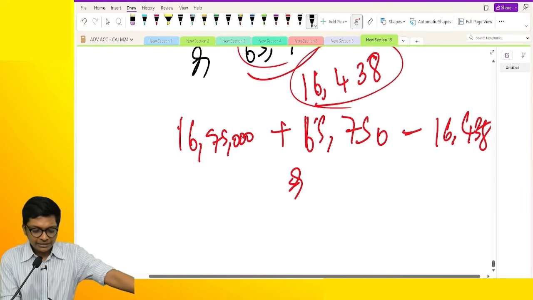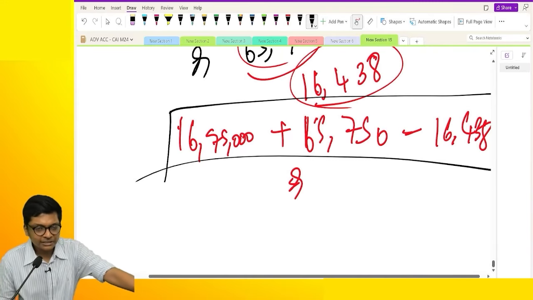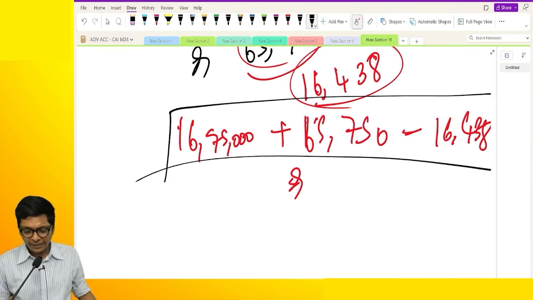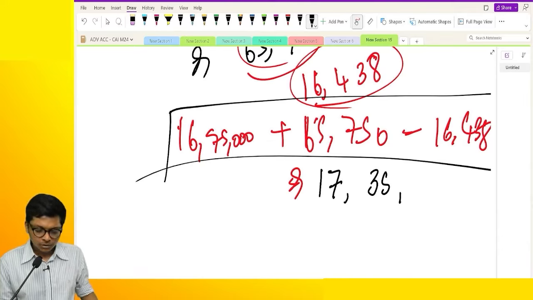Only these three: 16,70,000 plus 65,750 minus 16,438. 17,35,000. Fast, guys. 17 lakh.